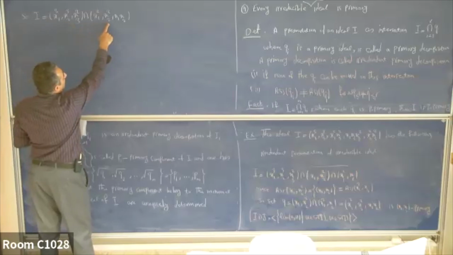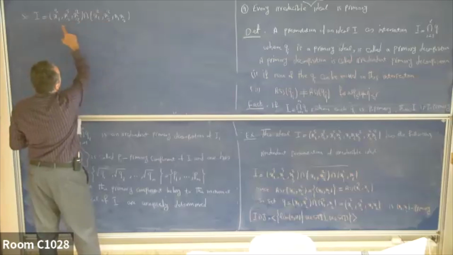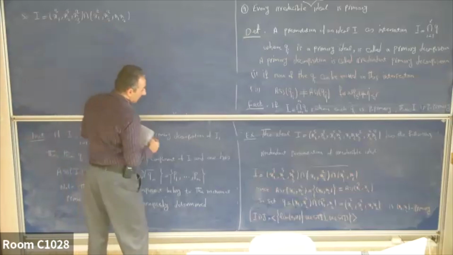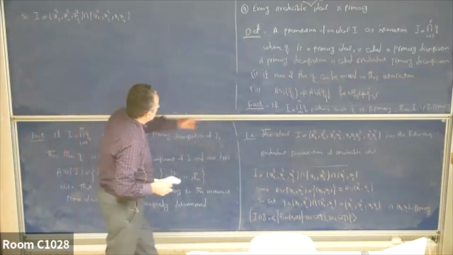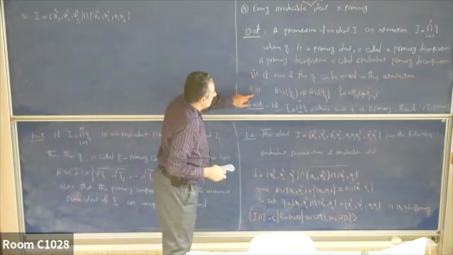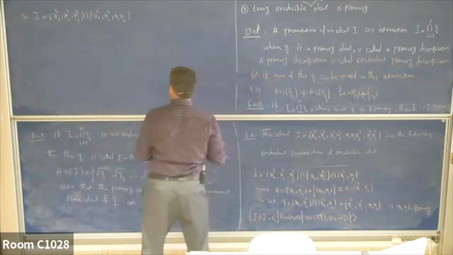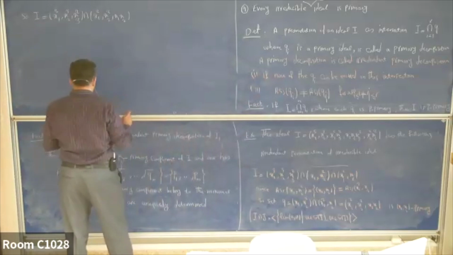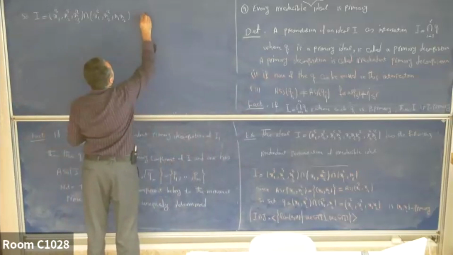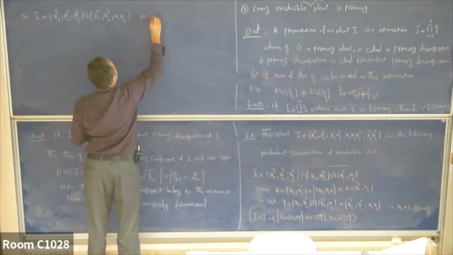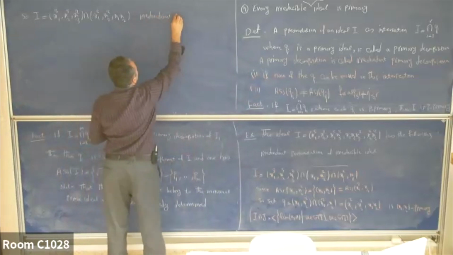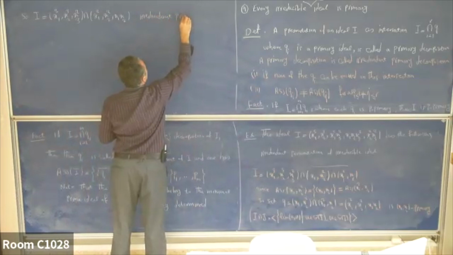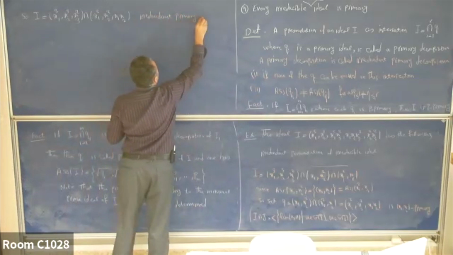This ideal is primary, and so this is redundant, satisfying these two conditions. This one and this. So this is a redundant primary decomposition.